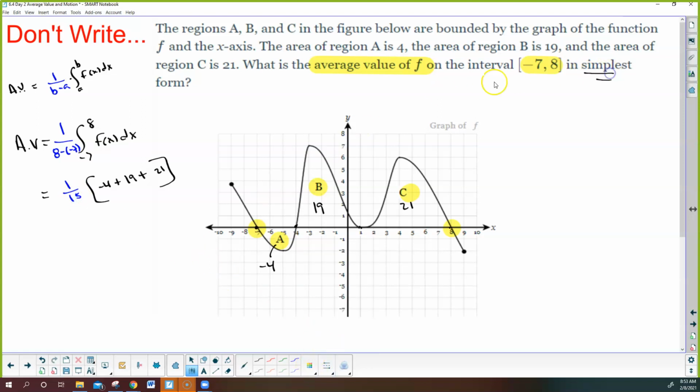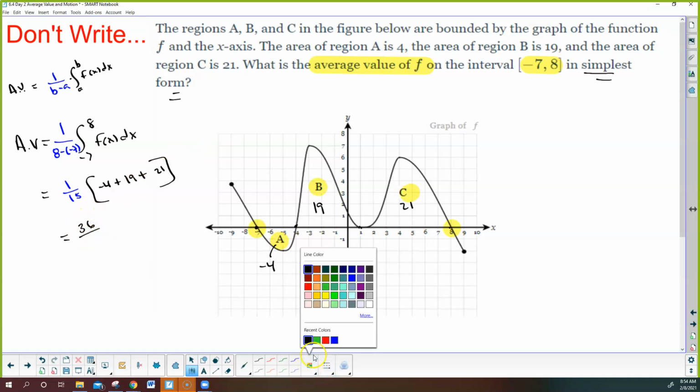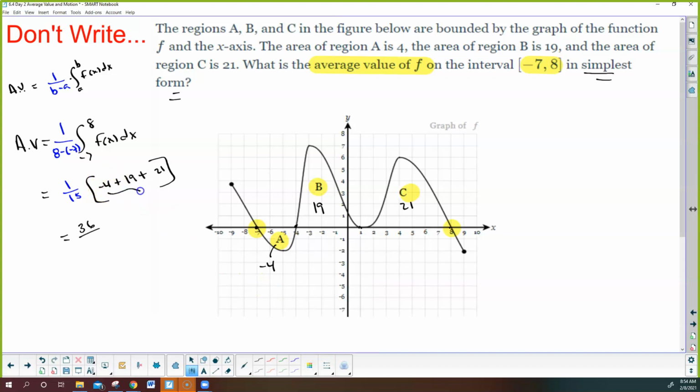And notice they say write your answer in simplest form. That means don't use a decimal, right? You want to write it out as a simple fraction. So what do I have? I have this whole piece is equal to 36. So 36 times 1 over 15.